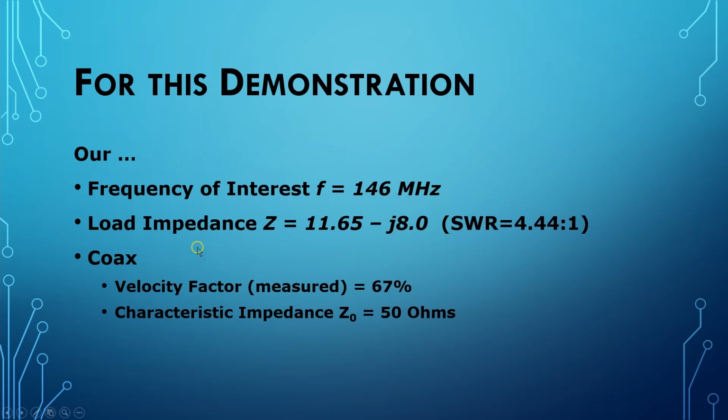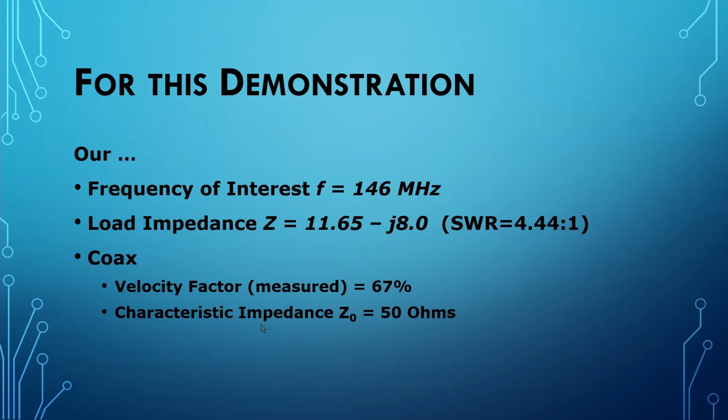The load impedance is going to equal 11.65 minus J8, which gives us an SWR of 4.44 to 1. Now, the coax that we're going to use in this little exercise has a velocity factor that has been measured at 67% and a characteristic impedance of 50 ohms.